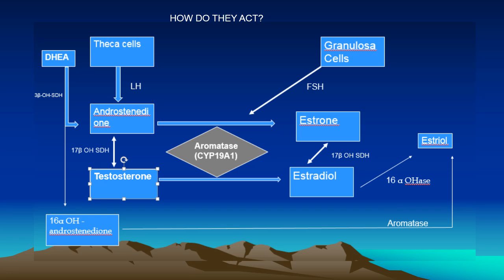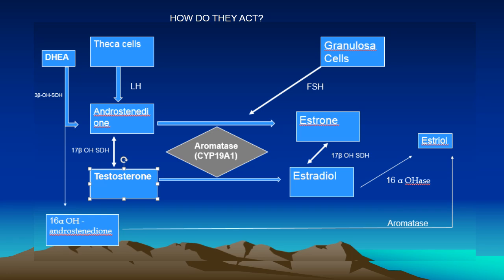So estradiol formation is markedly reduced. It must be understood that under the influence of LH, theca cells secrete androstenedione and DHEA. Now DHEA through enzymatic conversions may also ultimately form estriol, which is a biologically active form also, through the aromatase enzyme. So some estriol formation is also inhibited by this mechanism.